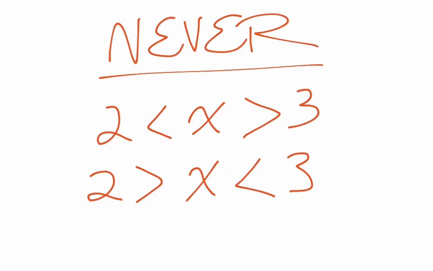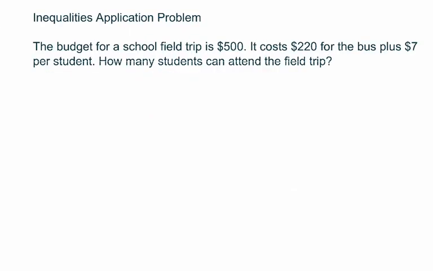That should never happen. If you're doing your homework and you've written something like that, you have made a mistake. Probably doing what I said not to do. You've probably taken an or statement and tried to combine it into one. It's the and ones that can combine.